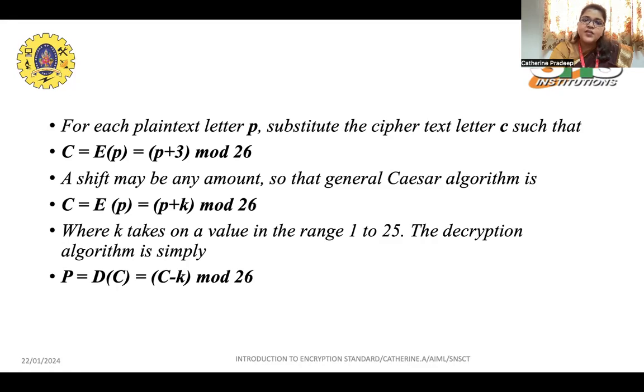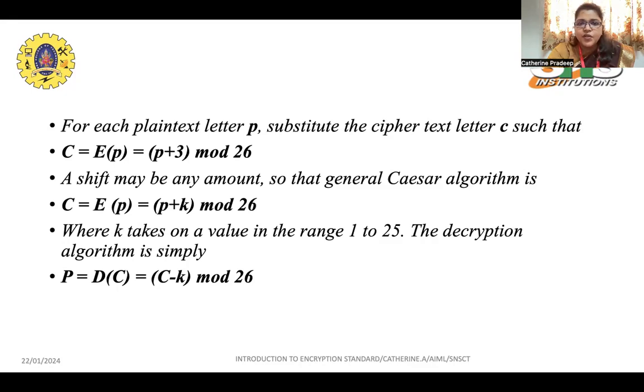When the receiver receives this message, what will he do? The decryption part is just the reverse of the encryption process. If you take the shift to the right in encryption, then in decryption you have to do the shift in the reverse way.